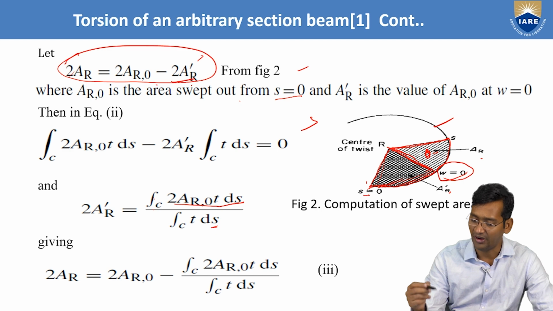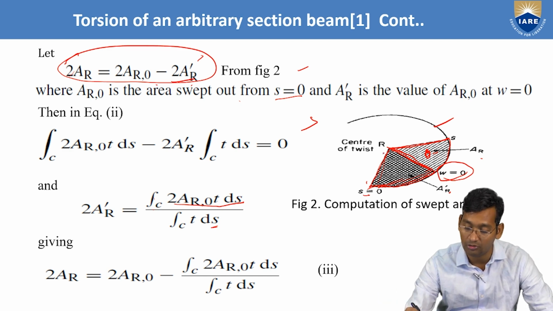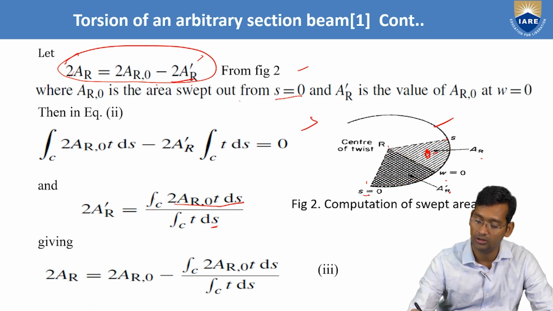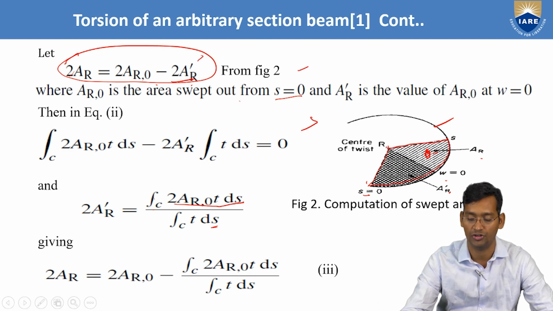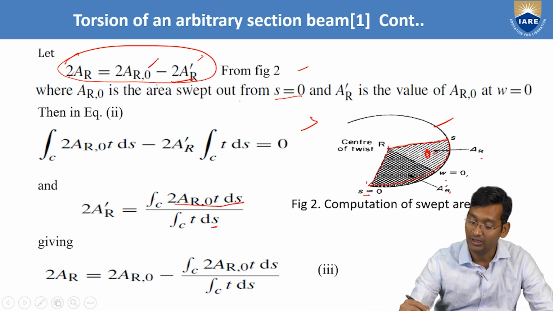Now, finding AR means what? For s equals 0, warping also will be 0. At that time, what will be the area from here to here? This total area. So from here to here the total area will be your 2AR naught, when warping is 0. That's why naught stands for when warping is 0. Now AR dash is from here to here.